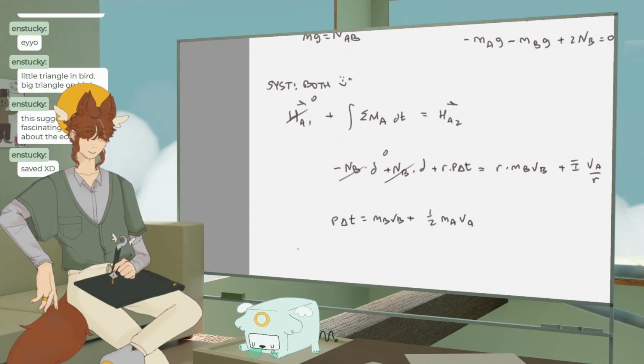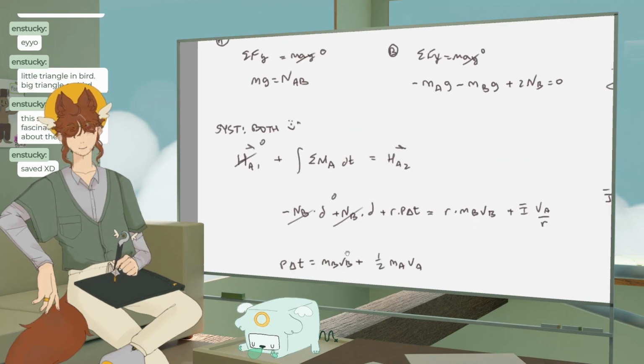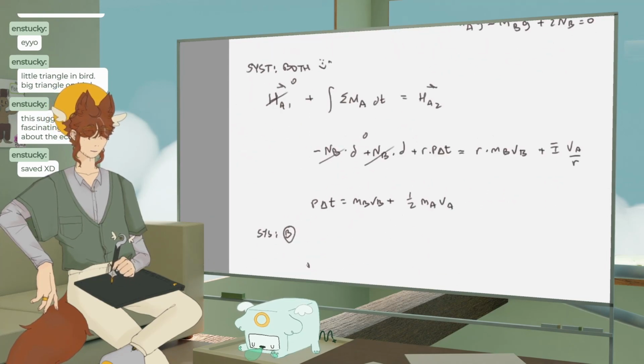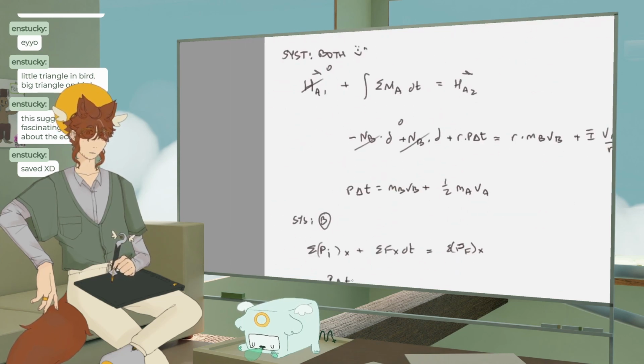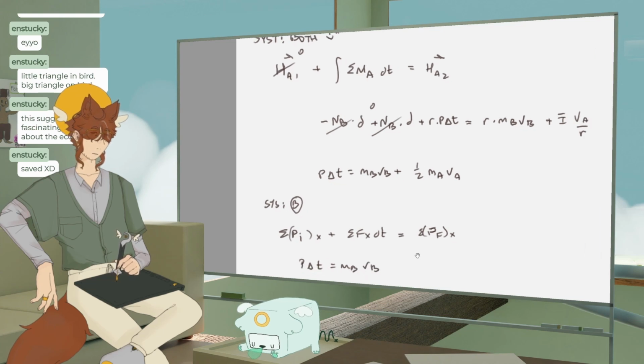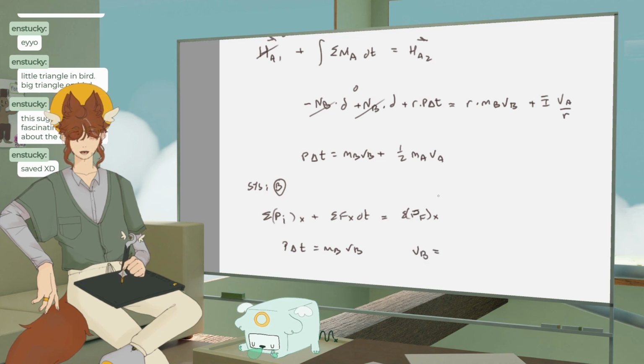Okay. It's fine. Now that I have it, I can just do it. Sum of the impulses in x, the sum of the forces in x dt equals the sum of the momentum change in x. P delta t equals m_B v_B. No way. Oh, crazy. I can't believe. So what is that?